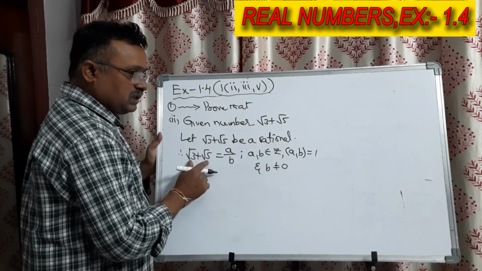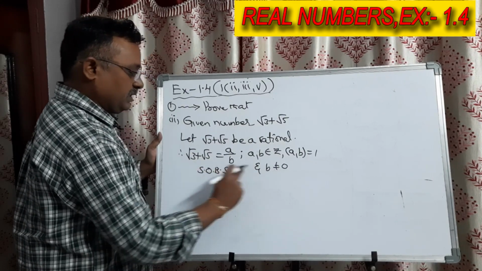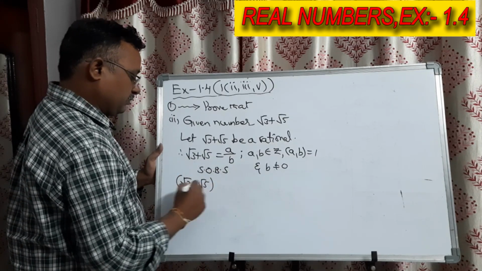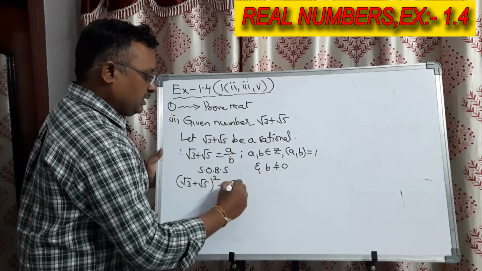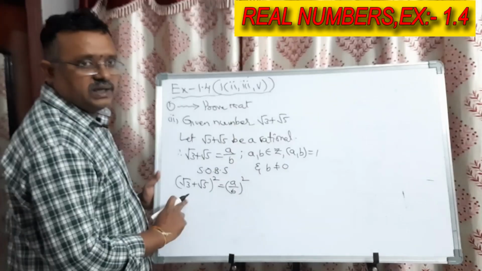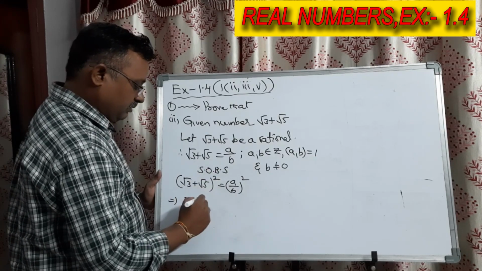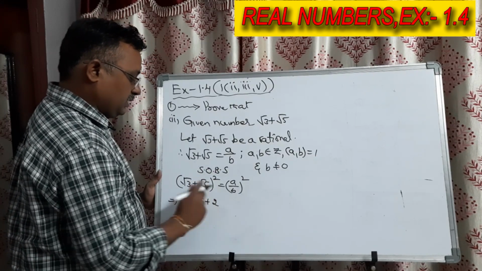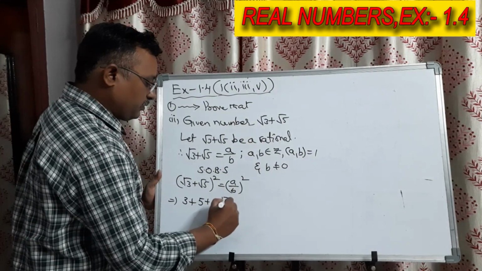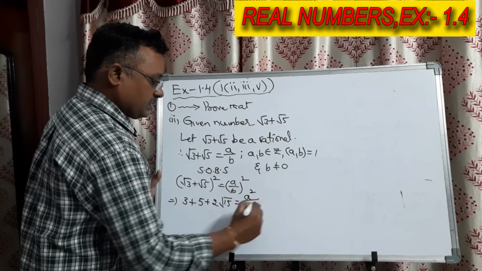So if both the terms are irrationals, do squaring on both sides. Then root 3 plus root 5 whole square is equal to a by b whole square. Am I clear? This implies, using the a plus b whole square formula, a square becomes 3, plus root 5 whole square becomes 5, plus 2ab becomes 2 into root 3 into root 5, that is root 15, is equal to the right side a square by b square.